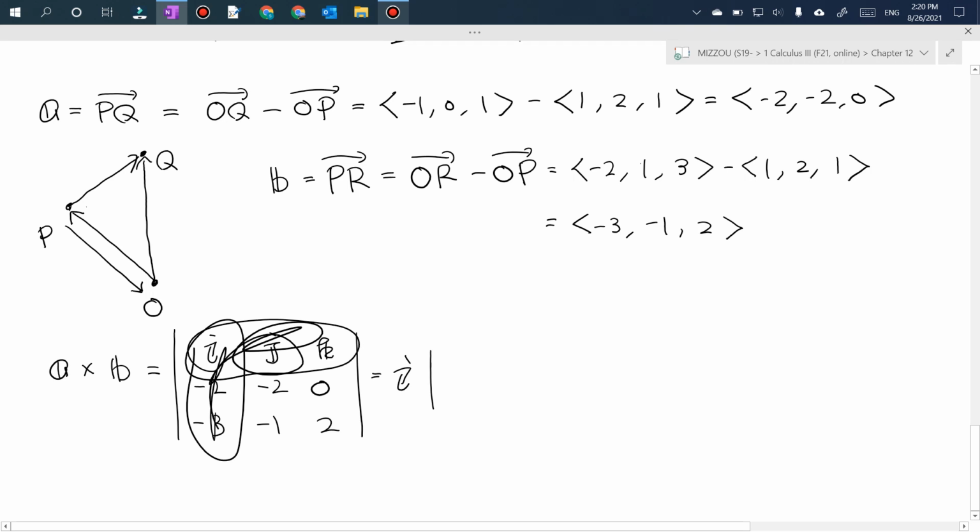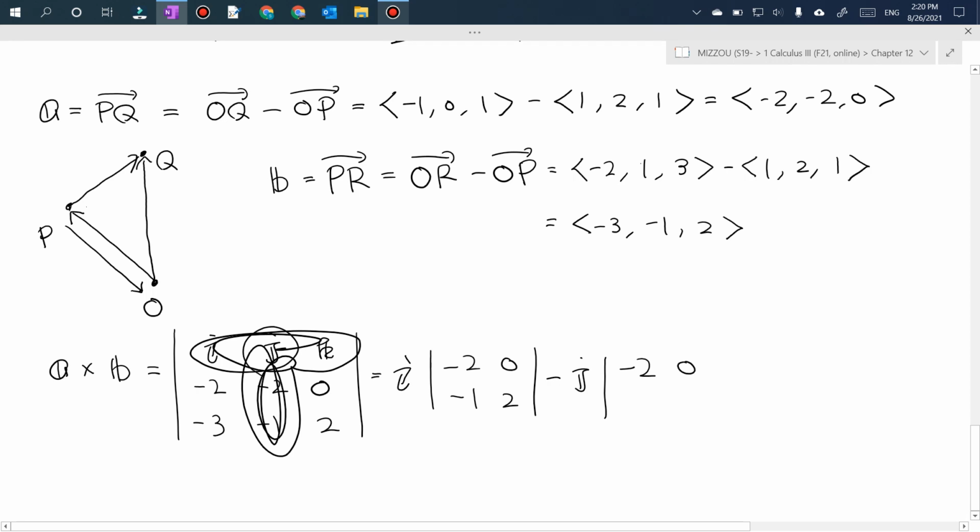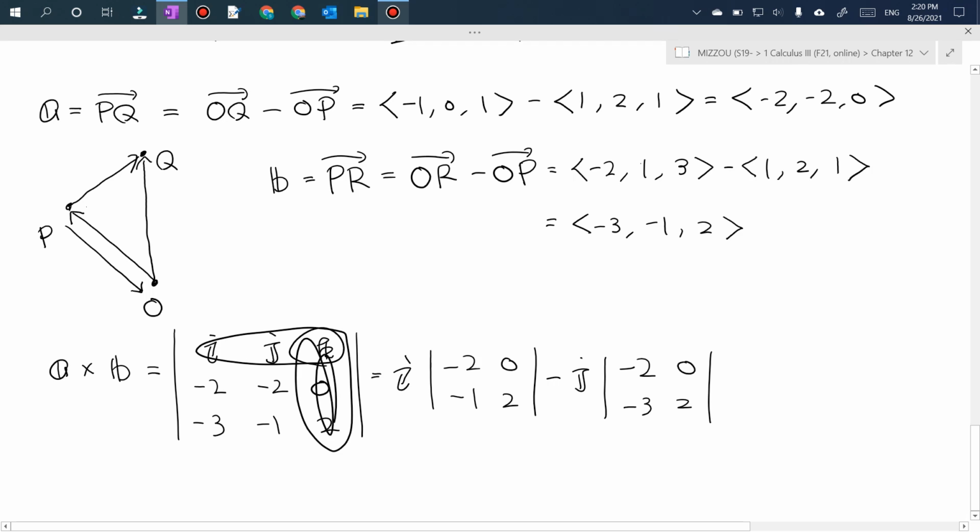and then you get -2, 0, -1, 2, and then J, and you hide those, -2, 0, -3, 2, and then K, and you get -2, -2, -3, -1.